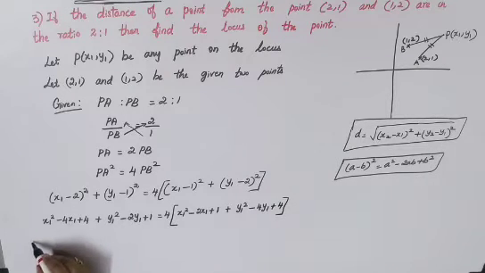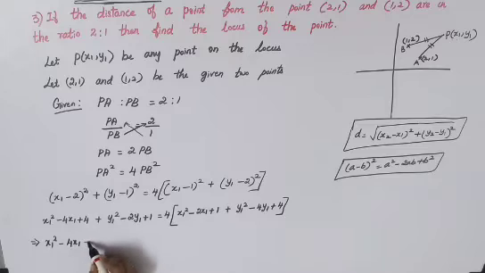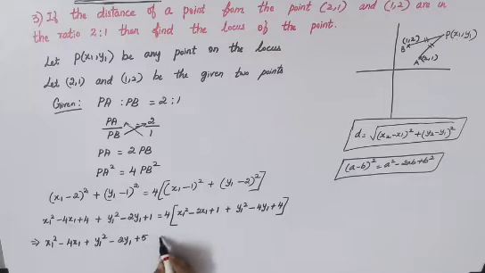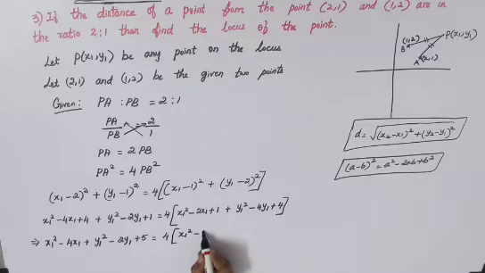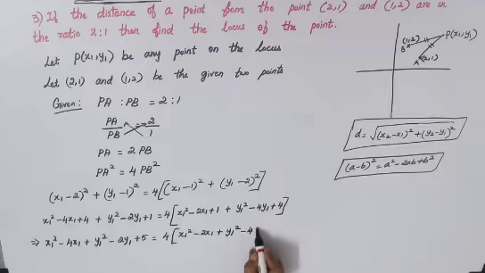Which is equal to x1 square minus 4x1 plus y1 square minus 2y1, 4 plus 1 you will get 5, which is equal to 4 into x1 square minus 2x1 plus y1 square minus 4y1, 1 plus 4 you will get 5.